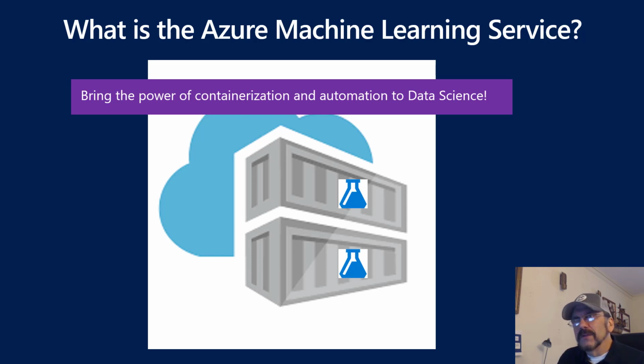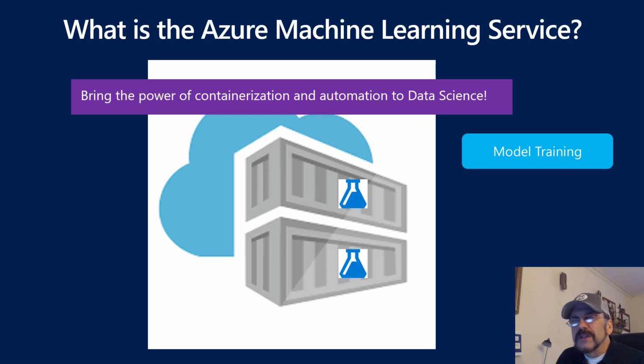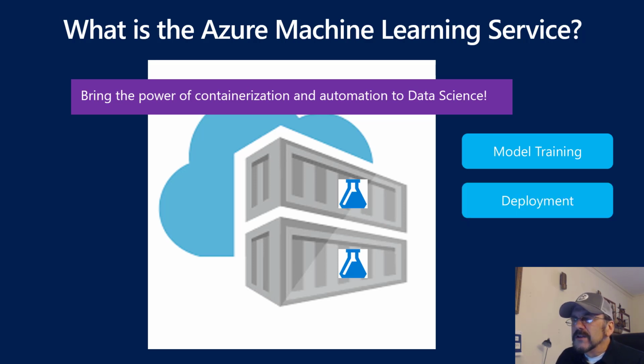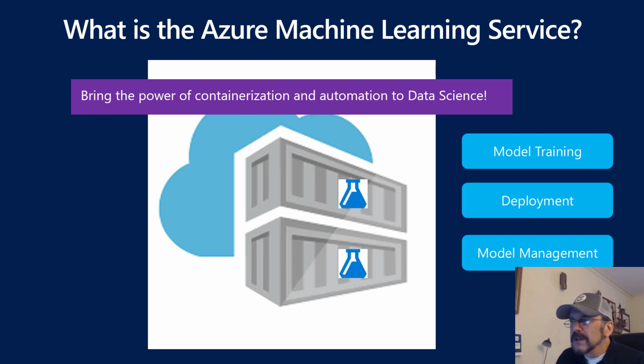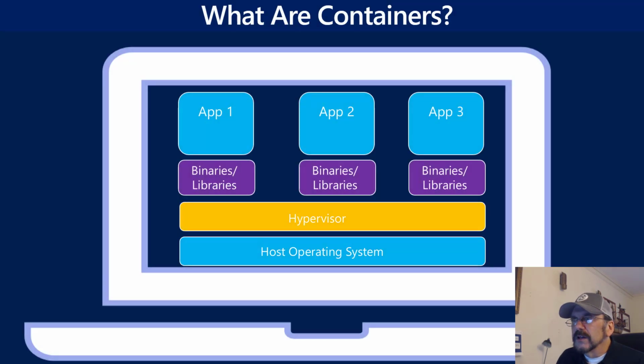Very big in DevOps, very big in any kind of web applications and things. Gives us a lot of scalability, configurability, just a huge amount of scale and flexibility. And Microsoft is trying to bring that power to machine learning. And it's going to do it with very specifically tailored services that leverage those technologies, as we'll see. So it's going to help us in areas of model training, deployment, model management, and more. So we'll take a look at this.